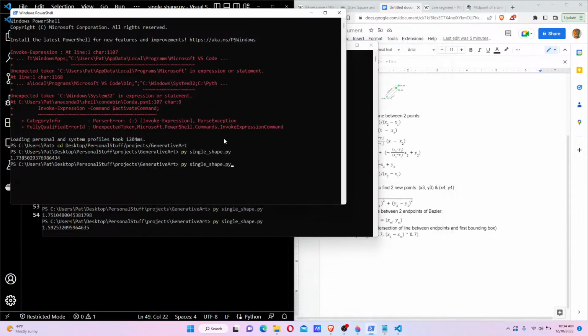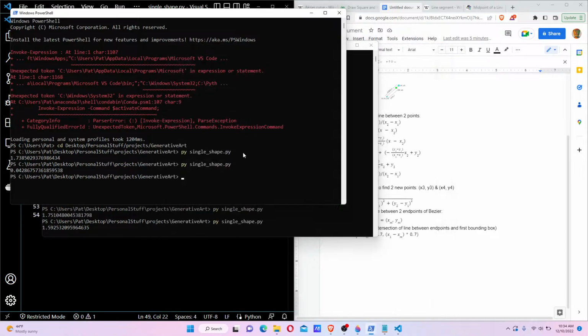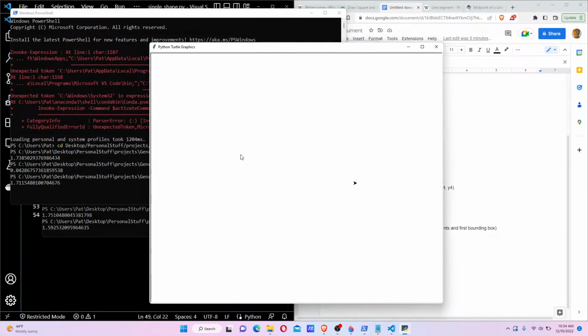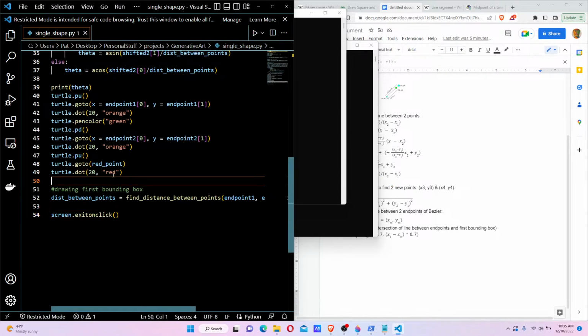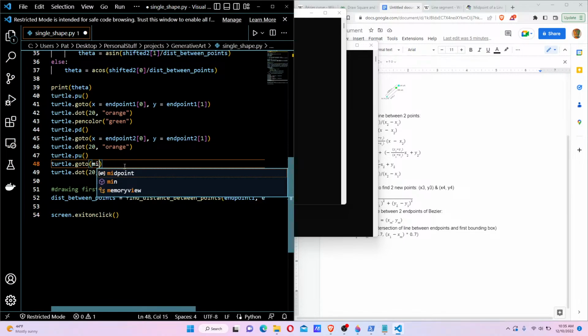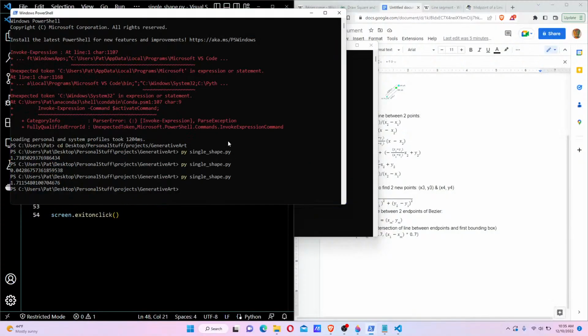So that's off. Let's see if it's on sometimes or if it's just off every time. That's off. Okay, so it's way off. So if go to the red point, let's go to the midpoint. Make that red. See what that looks like.